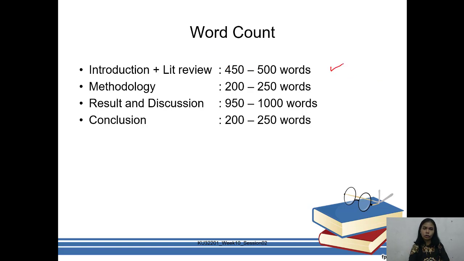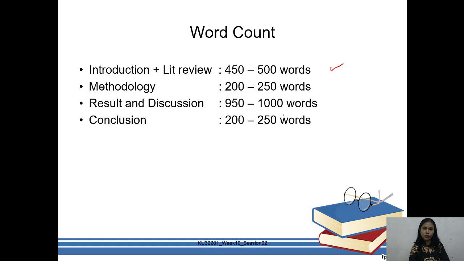For the methodology section, which will be discussed next week, because we're only talking about what kind of methodology you will use for your journal article, it will be only 200 to 250 words. However, for the results and discussion, because this is the main thing in the research that we want to see from you, we'll be looking at a more comprehensive discussion, so 950 to 1000 words.